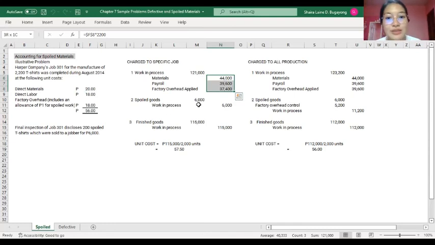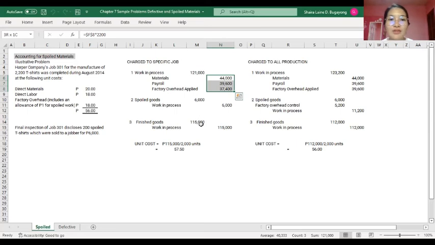Okay. So, since katong spoiled nga goods kay nabaligya siya, i-recognize ito itong spoiled goods nga 6,000 and then credit work in process.